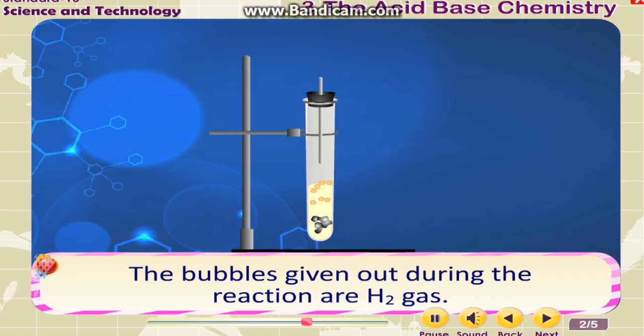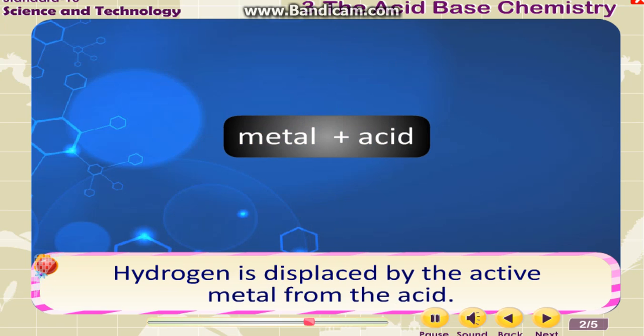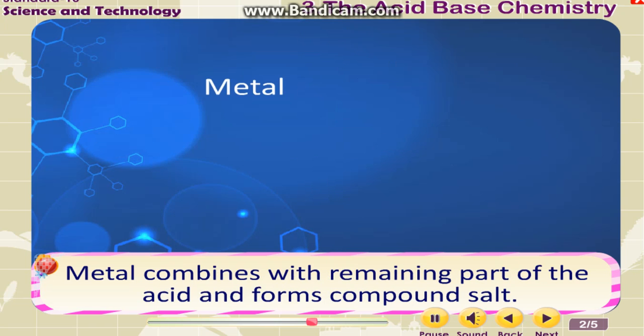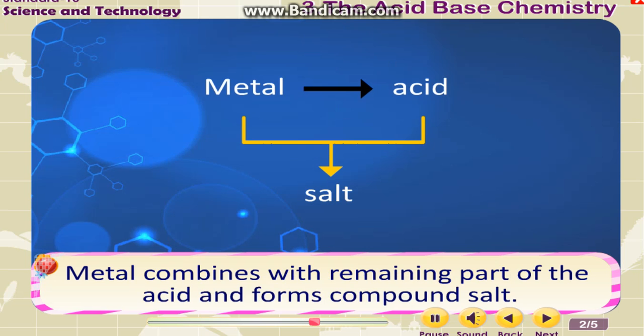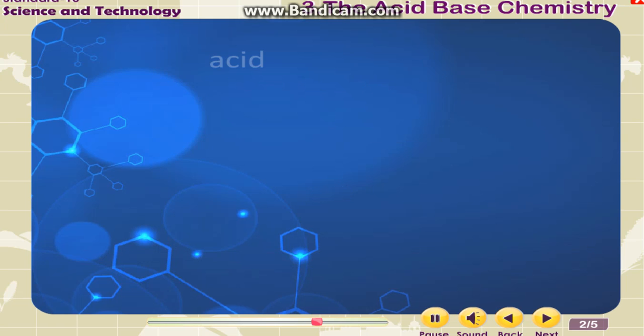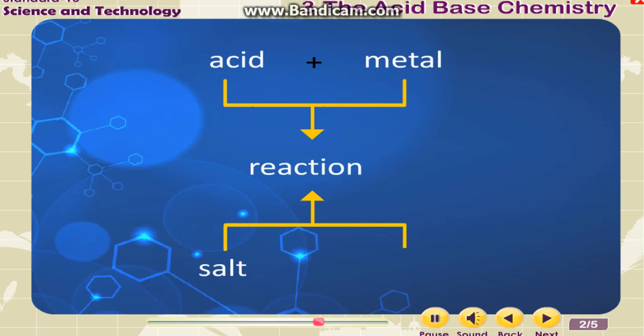The bubbles given out during the reaction are H2 gas. Hydrogen is displaced by the active metal from the acid. Metal combines with remaining part of the acid and forms compound salt. We can represent the reaction as acid plus metal gives salt plus hydrogen gas.